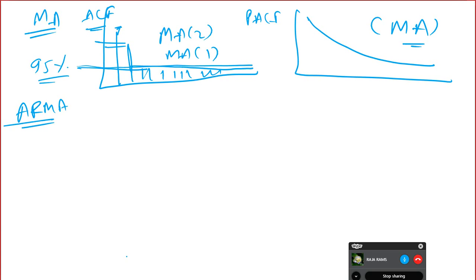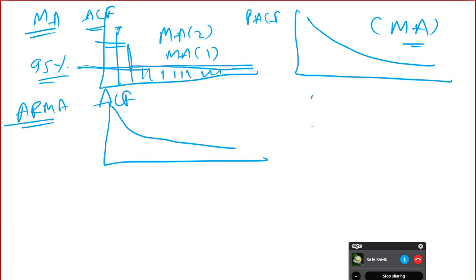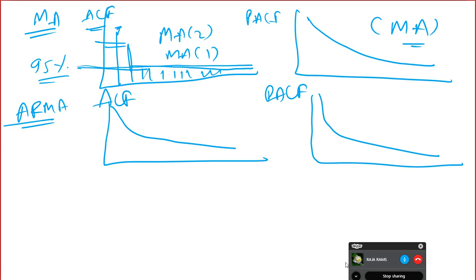The ARMA is a combination of AR and MA, right? So in ARMA, both ACF and PACF will have a gradual decay.